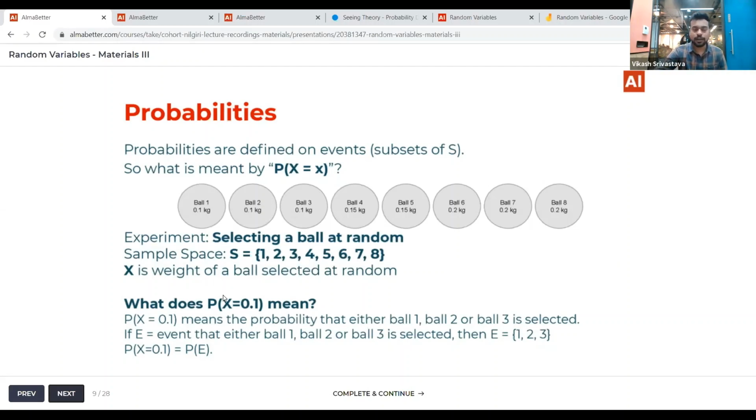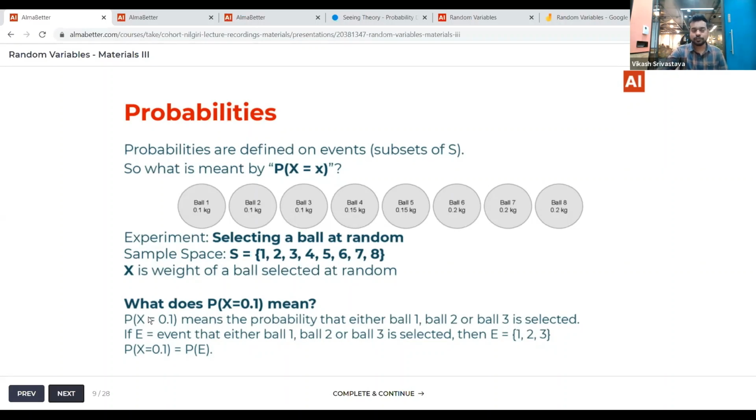So what does P of capital X is equal to 0.1 mean? This capital X can take any values from the set of small x. If our capital X takes the value 0.1, what does this mean? When we write the probability of capital X being equal to 0.1, this means the probability that either ball 1, ball 2 or ball 3 is selected.